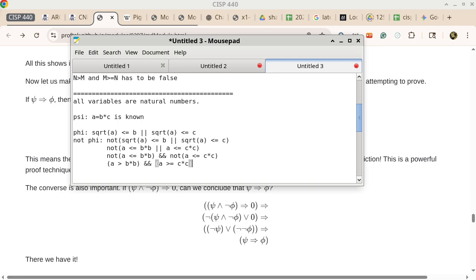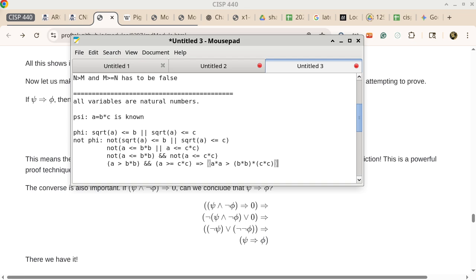So now we use some more algebra, okay? And then we say that this implies, okay, what does it imply? It implies a times a is greater than b times b times c times c. Does that make sense from the perspective of algebra?